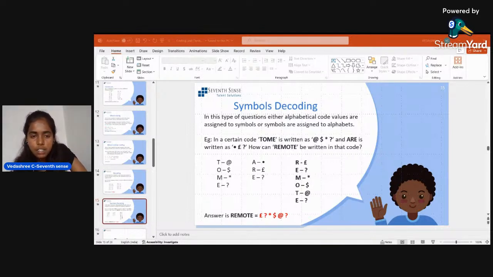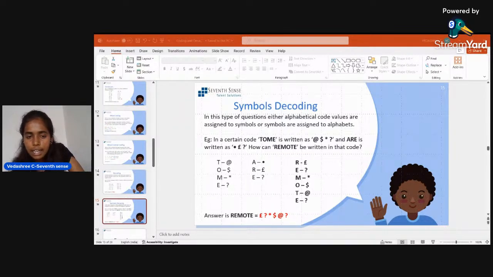Symbol decoding. So in symbol decoding, each and every letter in a word has been assigned a symbol. In previous examples, we were assigned a number, a code. So here we are assigning it with symbols, and R is written as this symbol, and how can remote be written? Each and every letter has been assigned a symbol. So we just need to find out which symbol has been assigned to which letter.